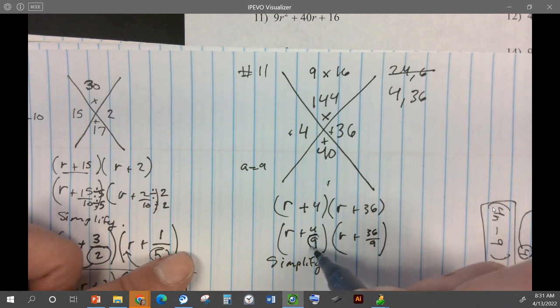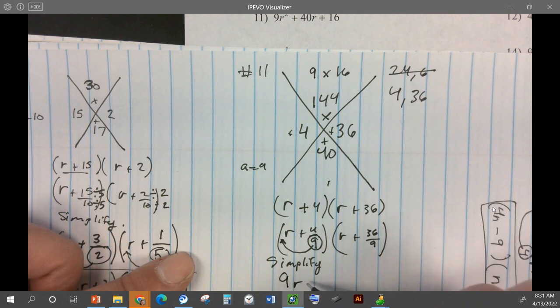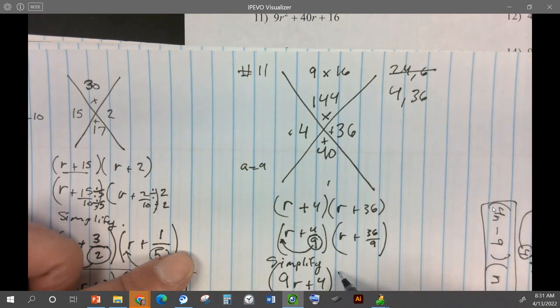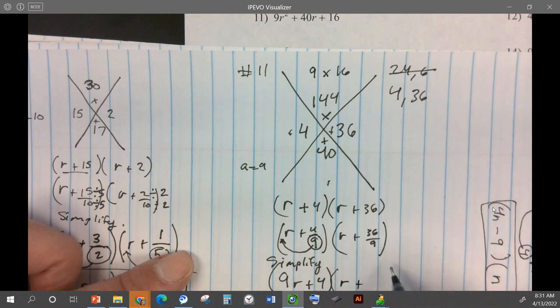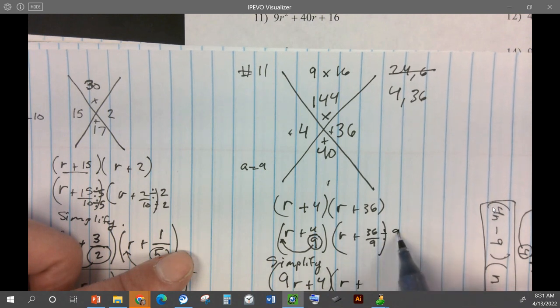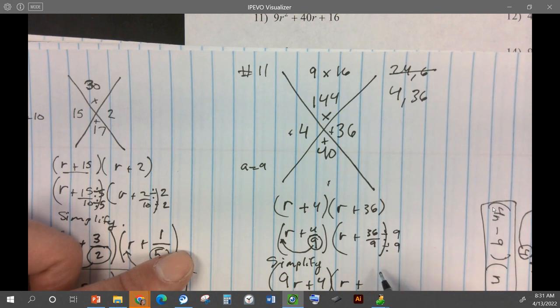No. So all we have to do is bring the bottom of the fraction up. But we have to check and see if it can simplify first. Okay, how about this one? 36 and 9. So 36 divided by 9 is 4? Okay. So if we divide both of these by 9, then we'll get 4. And then that one's done.